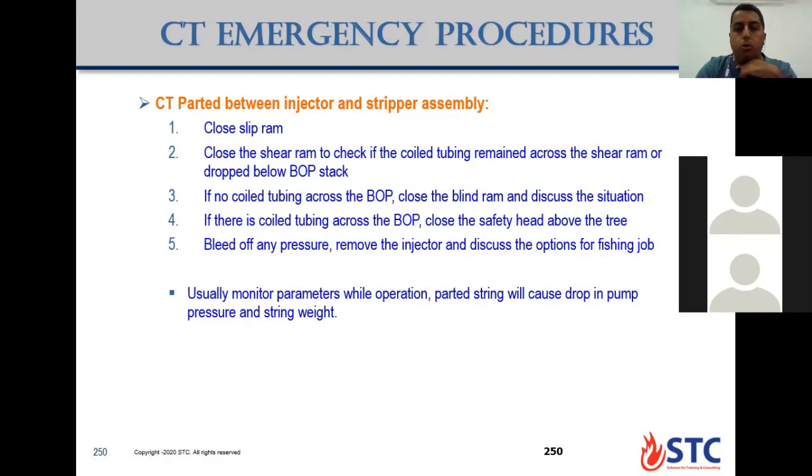You will drop the coil tubing, bleed off any pressure after you secure this Christmas tree, remove the injector and discuss the options for the fishing job. Usually, monitor the parameters also. If you have a parted string, you will surely have a drop in the pump pressure, and also you will see a drop in the string weight a little bit.